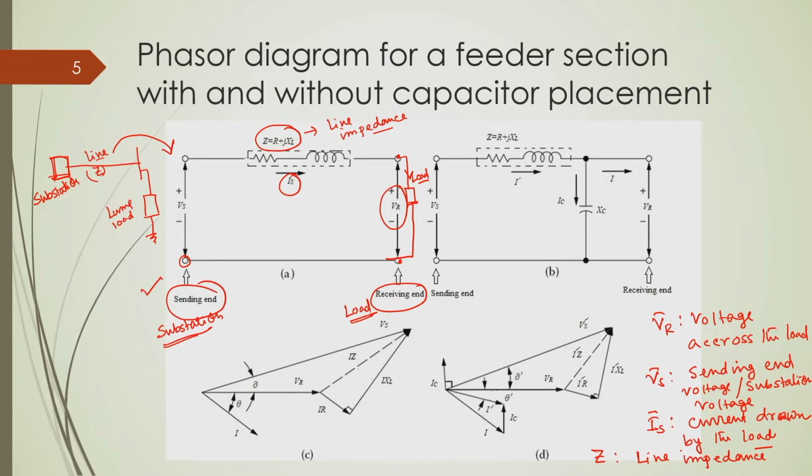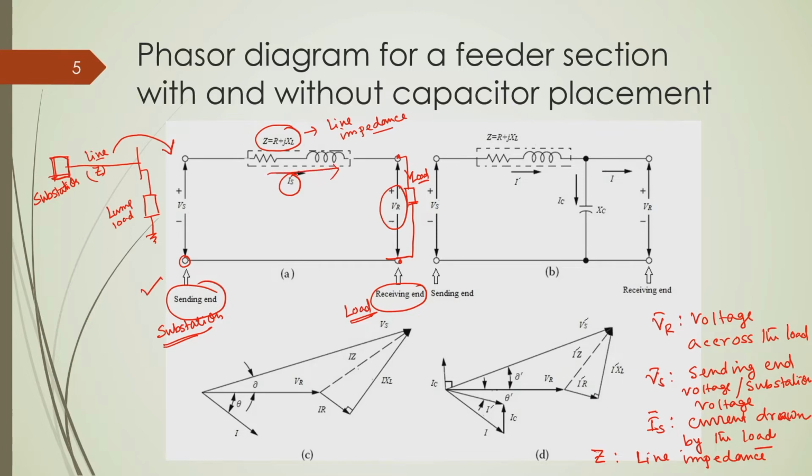At any instant of time, if we consider the polarity of the source voltage is negative positive there, and the polarity of load voltage is negative positive as shown in the figure, then the direction of the current will be from the sending end side to the receiving end side.